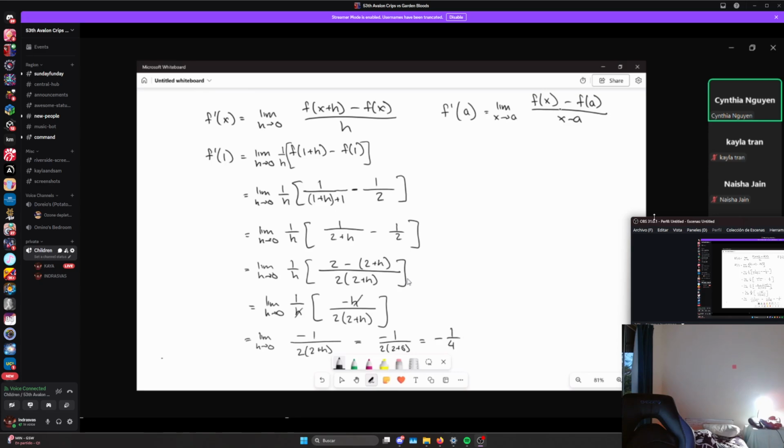Okay, in theory, I should be getting the same thing over here on this limit. So limit as, in this case, your a is negative 1. Or, sorry, not negative 1, just 1.